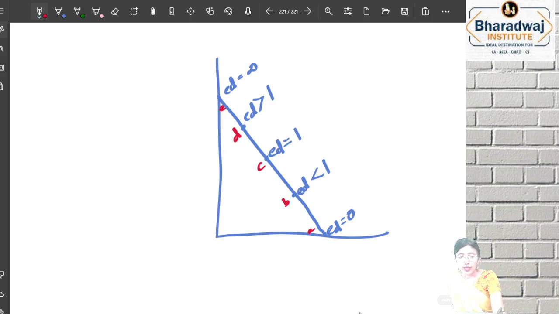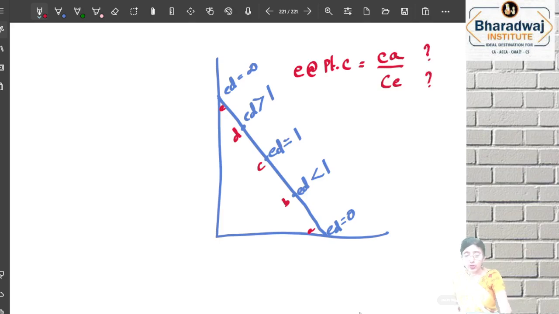Elasticity at a point, say C. I'm just going to write it, and you write what is the meaning of this and this, and is it true? First question, is this true?